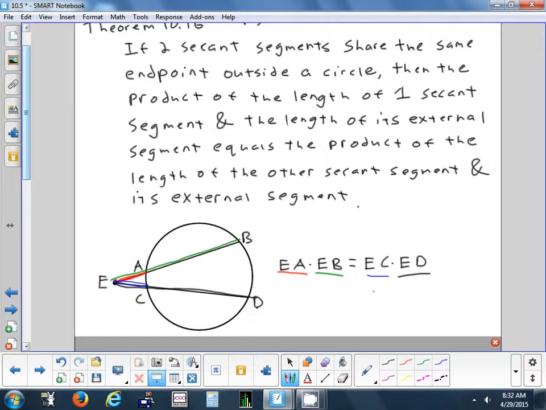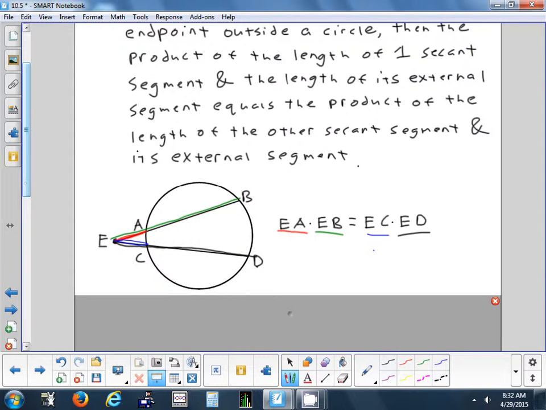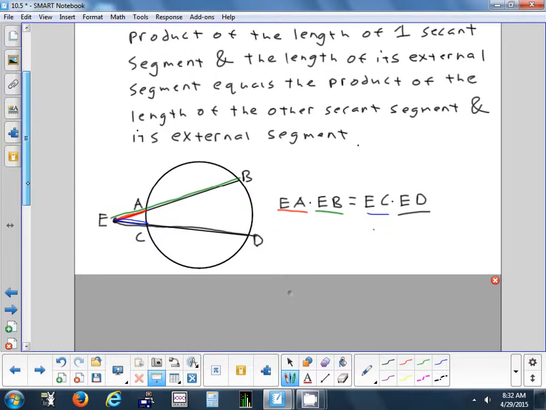Not sure if that helps you, but. So red times green equals blue times black. Any question on that theorem? So that's theorem 10.16.